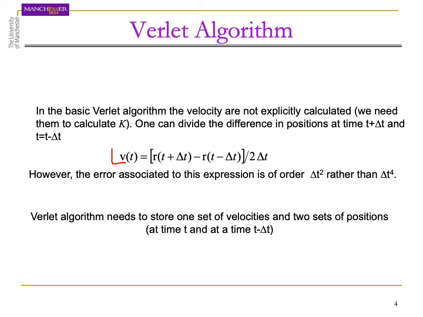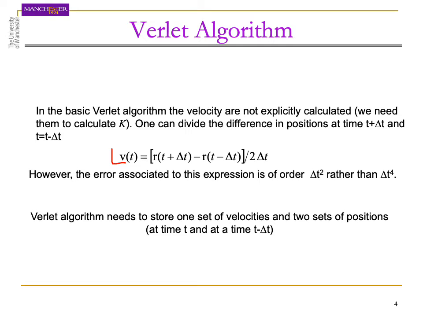However, we need to remember that the error associated with this expression is of the order delta t to the power of 2, instead of delta t to the power of 4, which was the error for the integration of the position in the Verlet algorithm. So the Verlet algorithm gives very precise integration of the position of the atoms and less accurate values for their velocities.